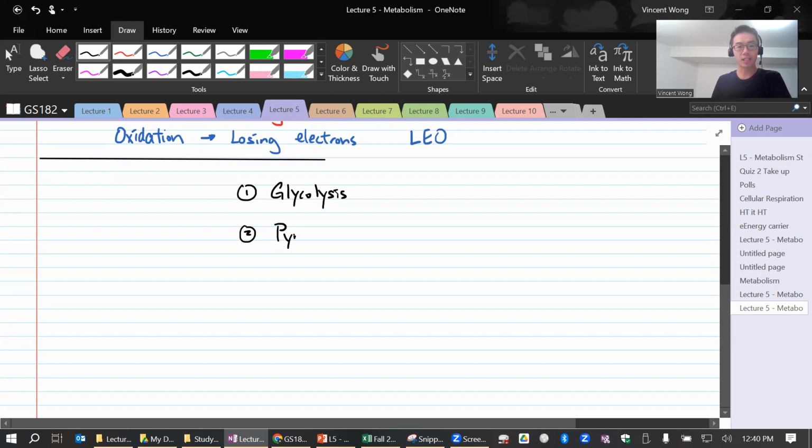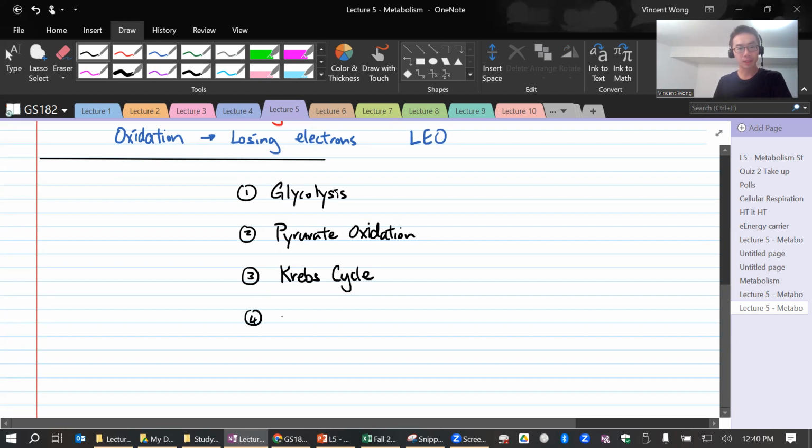And then we have step 2, pyruvate oxidation. Just write them down first. Don't worry about what they mean. I'll tell you all about it in a bit. Krebs cycle.